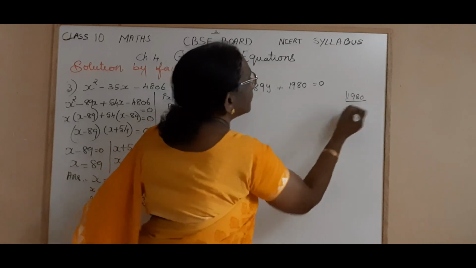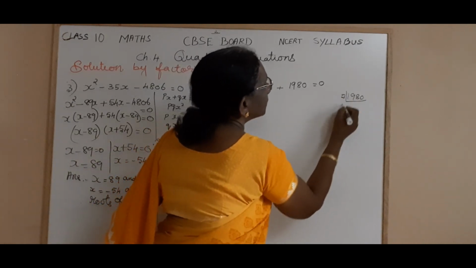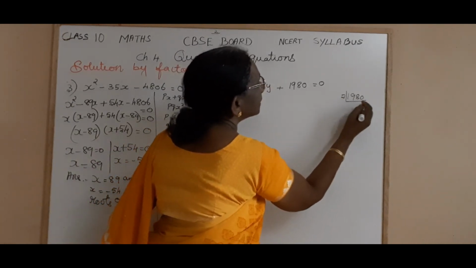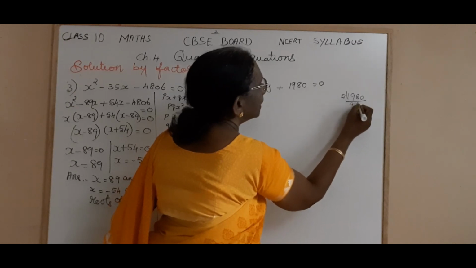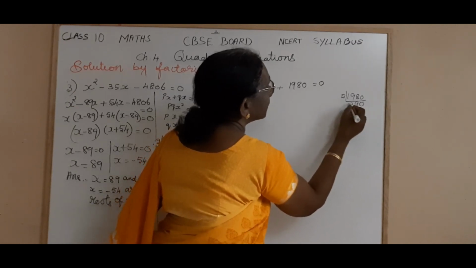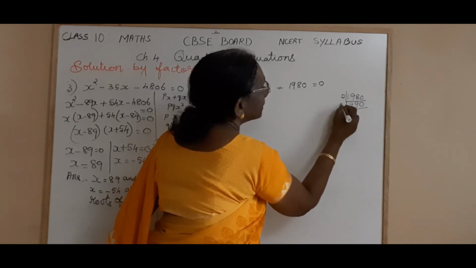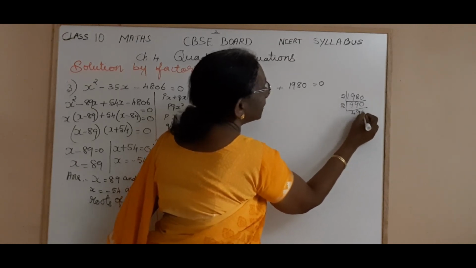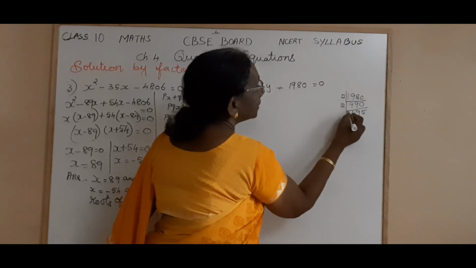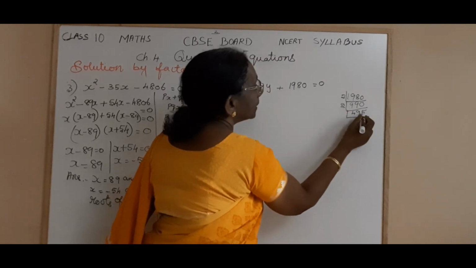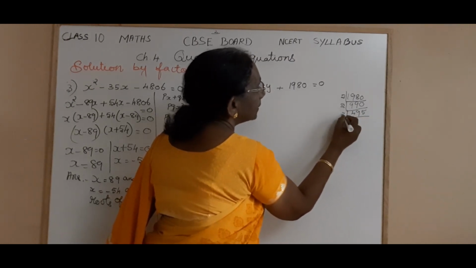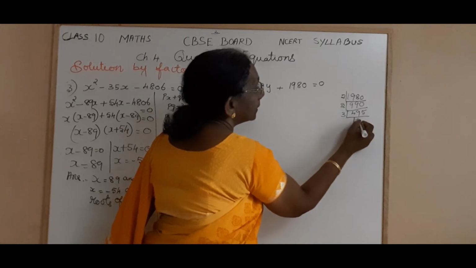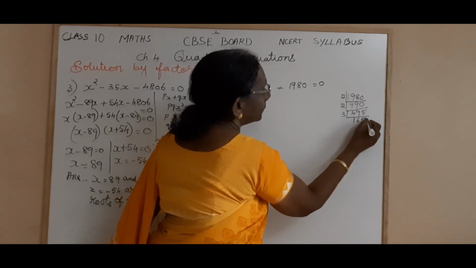Okay. So now let us factorize. It is divisible by 2. 9 2s are 18, 0. Now again it is divisible by 2. 4 2s are 8, 9 2s are 18, 5 2s are 10. And it is divisible by 3. 3 1s are 3, 6 3s are 18 and 5.